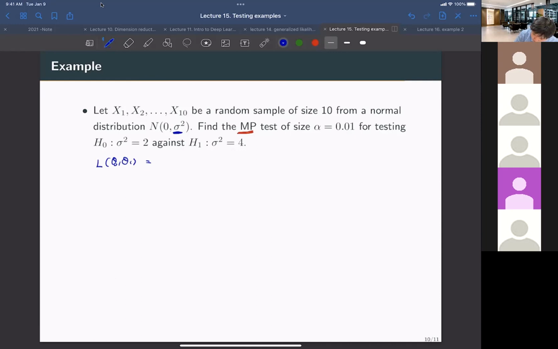So the likelihood ratio is 2 pi theta 1 square to the minus n over 2 times e to the minus the summation over i equals 1 to n of xi square over 2 theta 1 square, divided by 2 pi theta 0 square to the minus n over 2 times e to the minus xi square over 2 theta 0 square.